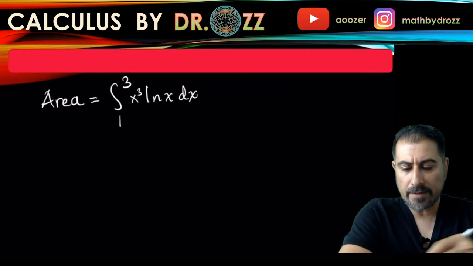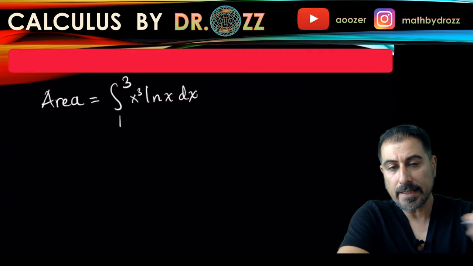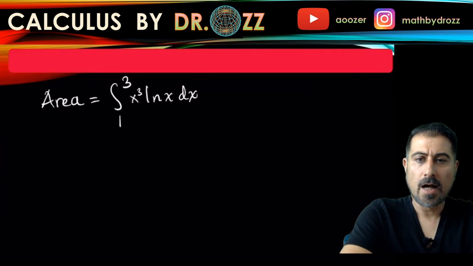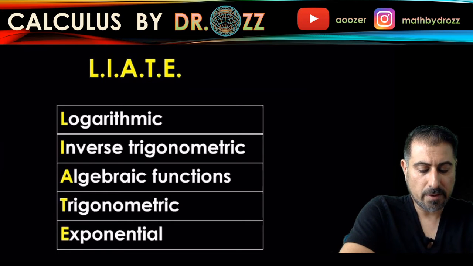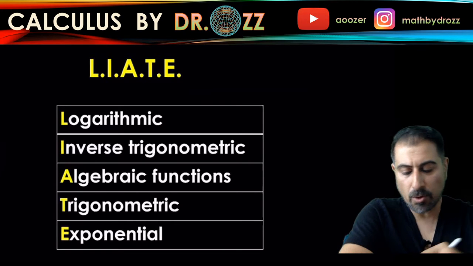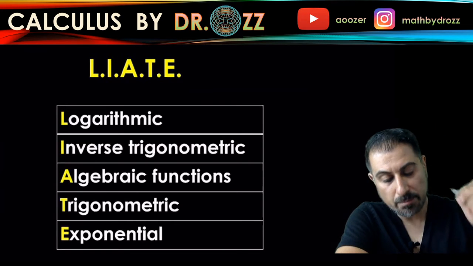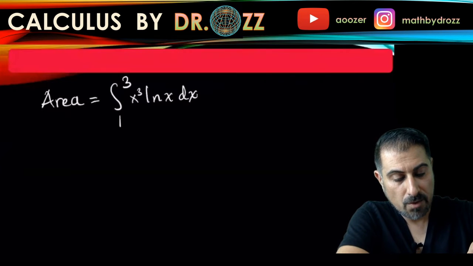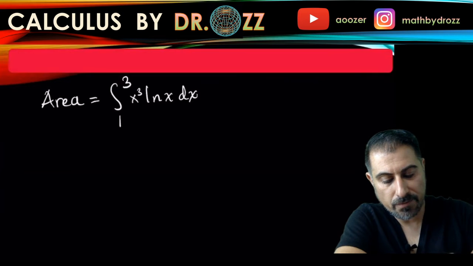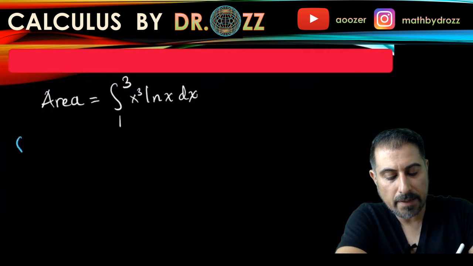We have polynomial against logarithmic, so I think we have to go back to our LIATE and remember who to call u if you have a logarithmic against polynomial. Polynomials are algebraic functions, so I'm going to call the logarithmic one u. But first, as always, we should take care of the indefinite integral, x cubed ln x dx.